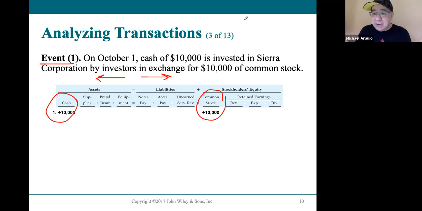Then we're talking like accountants. We debit cash 10,000 and credit common stock 10,000. Notice the debit side is affected on one account and the credit side on the other, and they equal. That's what it means to be a double entry system: both the debits and credits are going to equal.